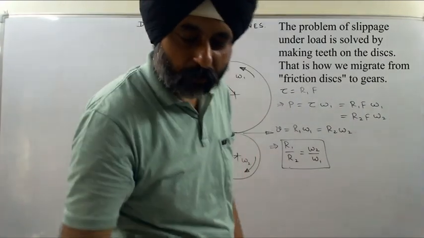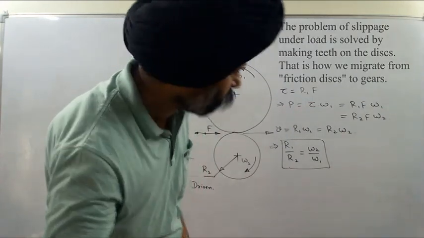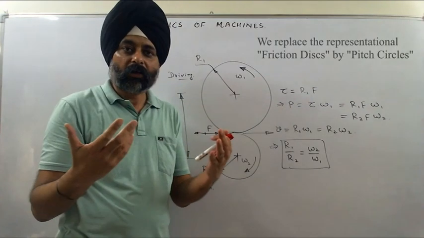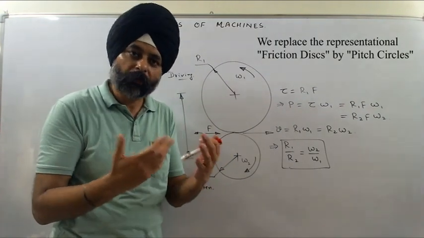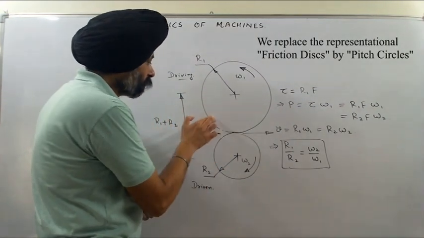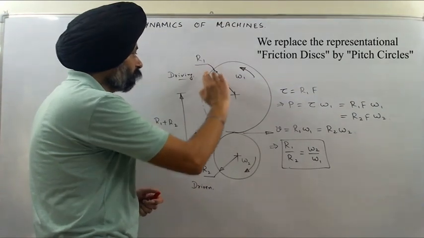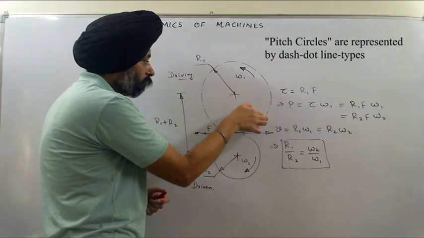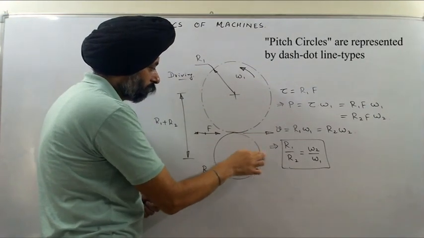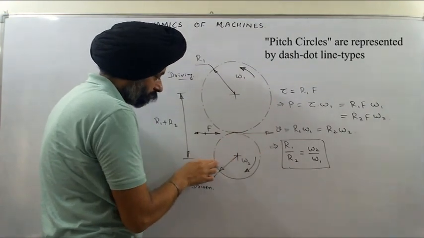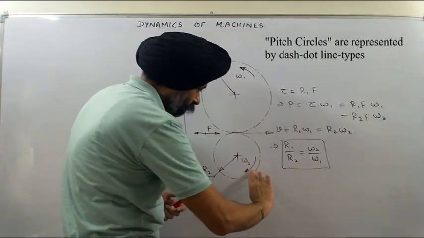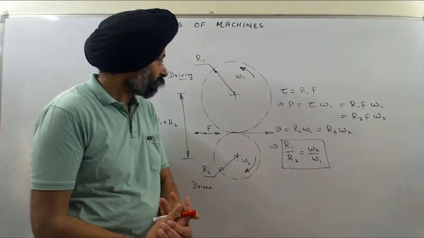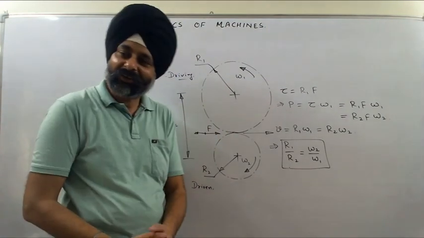So what we do is, we first of all replace these representational discs by pitch circles. The representation of a pitch circle is a dash and dot line. I have the privilege here on the board because I can erase it to make it a dash dot line.